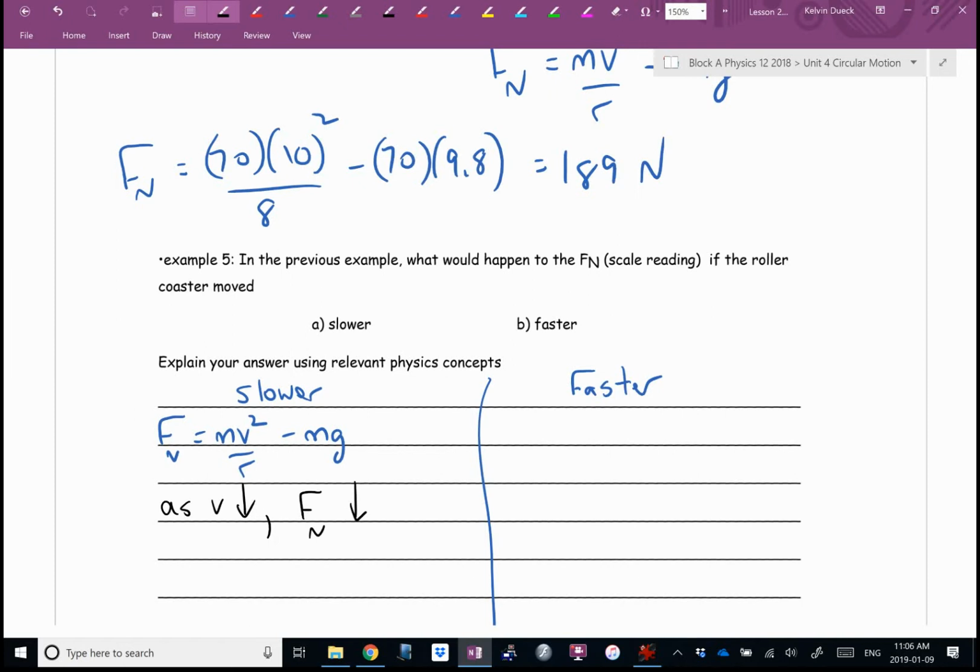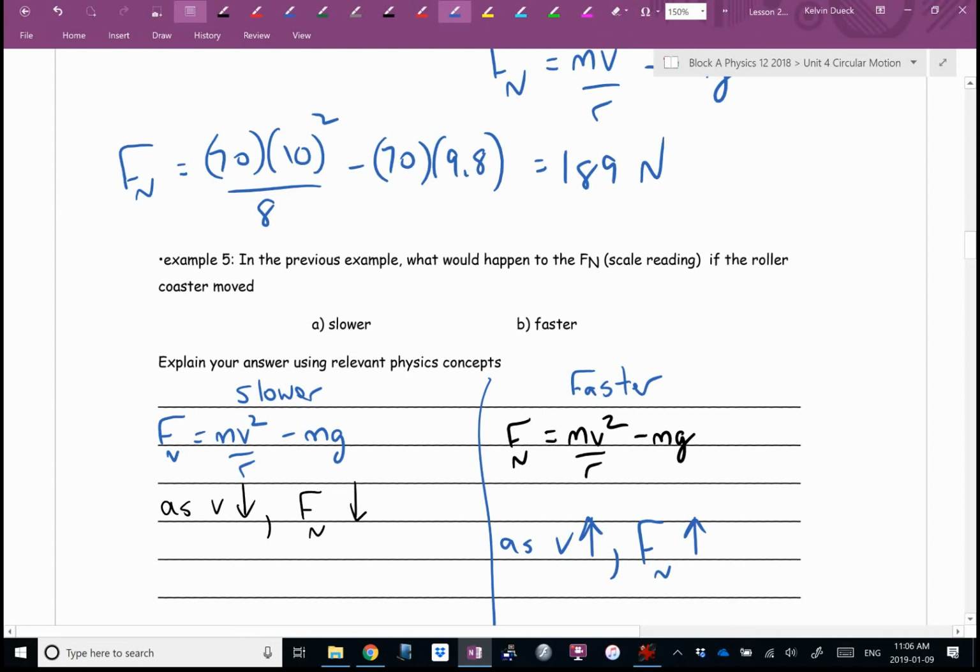What about if we go faster? As v gets bigger, what happens to the normal force? Increases. So let's do the same proof. Fn equals mv squared over r minus mg. As v increases, Fn increases.